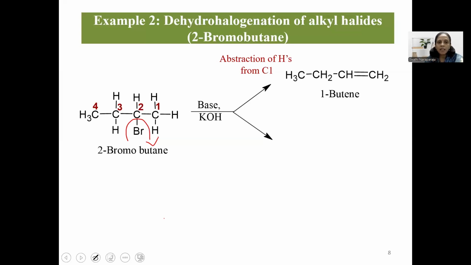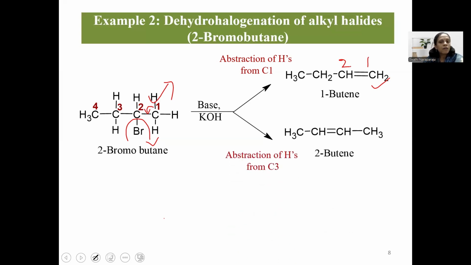When base abstracts the hydrogen from the first carbon atom, then this carbon-hydrogen bond will migrate to 1 and 2 positions, as a result of which we get 1-butene as the product. On the other hand, when base abstracts hydrogen from third carbon atom, that is this carbon atom, hydrogen is removed and the bonded pair between carbon and hydrogen will be migrating between second and third positions.